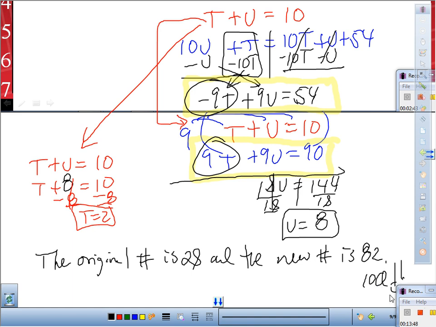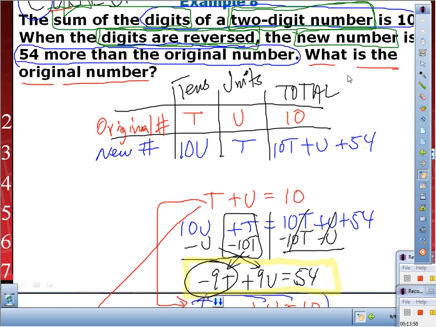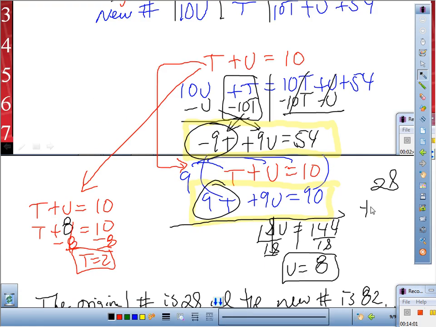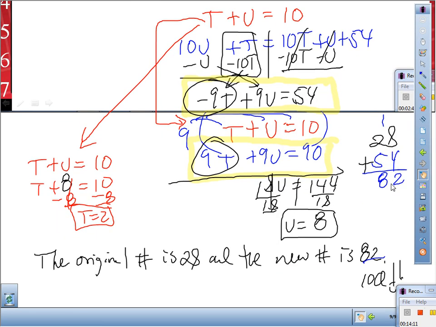Let's check to see if it's true. Our original was 28. And then it says here that the new number is 54 more than the original. That means we need to add how much? 54. Let's see. 12. We got 1. 7 plus 1, 8. Is our new number 82? Yes.